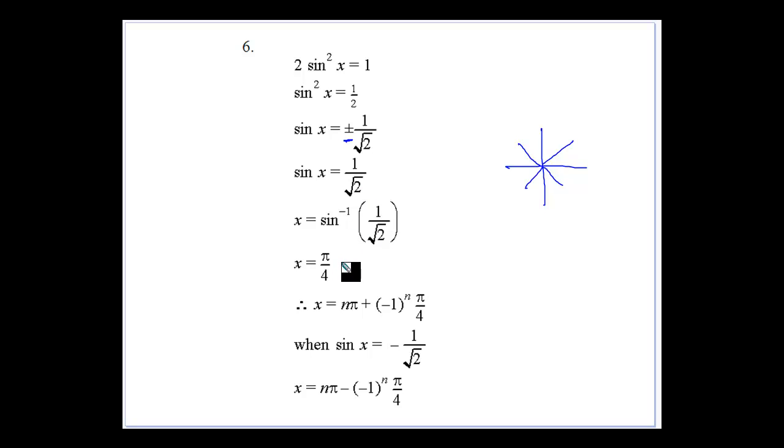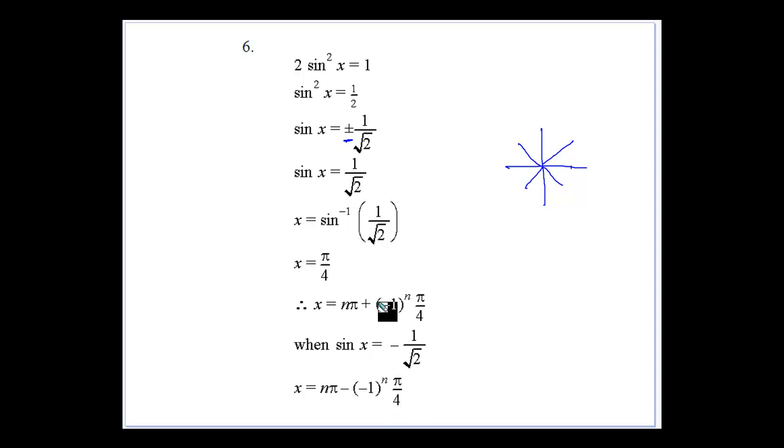So when it's in the first and second quadrant, it's going to be n times pi, and it's going to be adding minus 1 to the power of n. So that's going to give us a positive. So n times pi is going to give us the first quadrant, and adding pi on 4, and then when you're going n times pi, we're going to subtract negative 1 to the power of n, pi on 4.